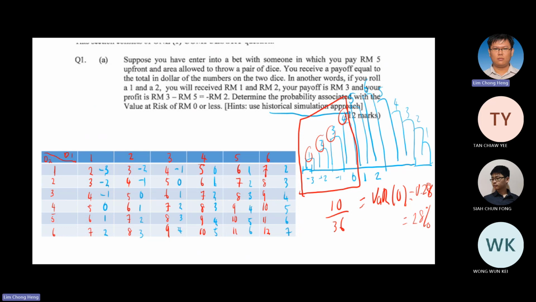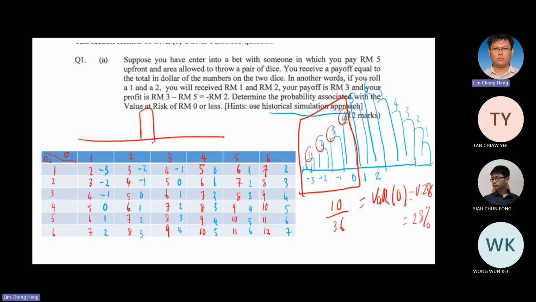Hey, I'm not sure my histogram correct or not. I just simply do only. So the rate of return, no need to put a range like here. Depend on you.